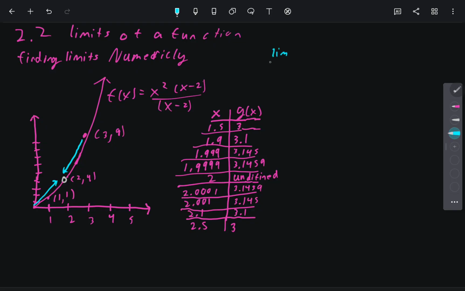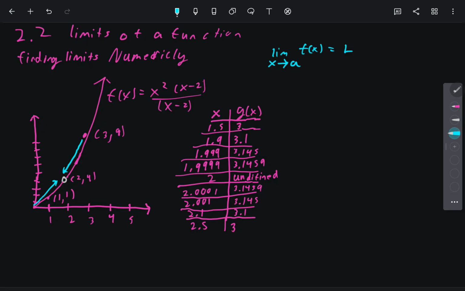The limit as x approaches a, where a is an x value, let's say that in this case a is equal to 2, of f of x is equal to L. So notice that it's not equal to f of a, it is equal to L. And sometimes L will be equal to f of a, but it also might not be.